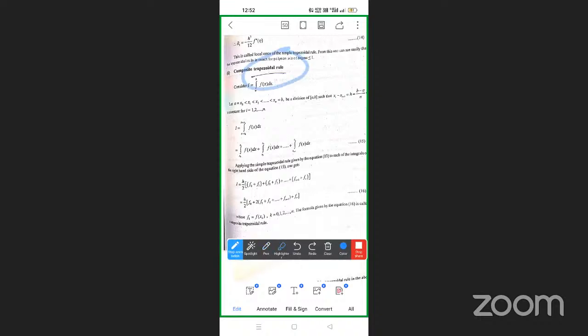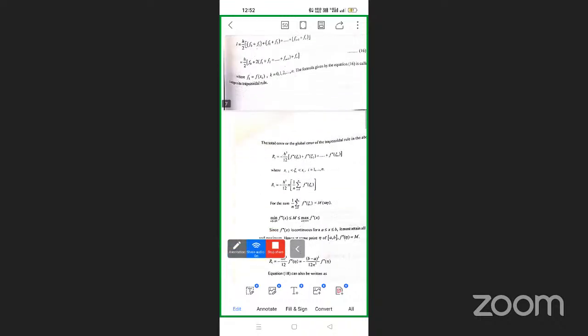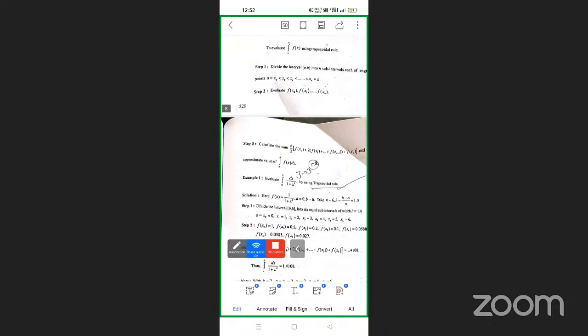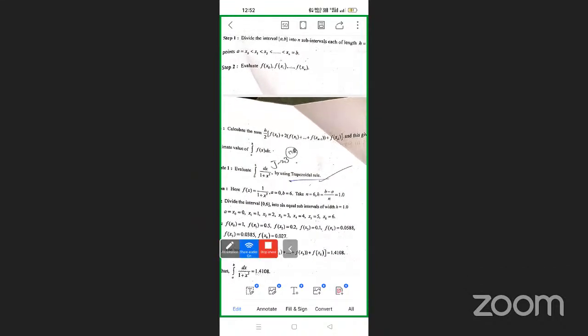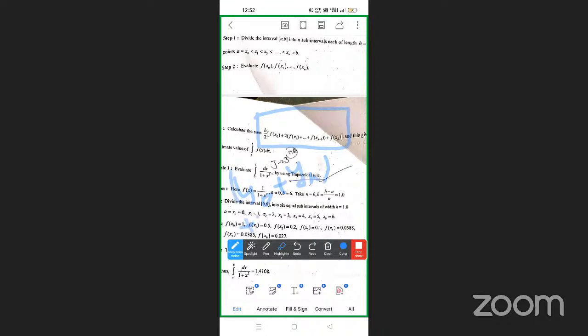So here is the formula for the trapezoidal rule, very simple. It is h by 2 times the first term plus the last term, that is y0 plus yn, plus 2 into all the remaining terms, that is y1 plus y2 up to yn minus 1.